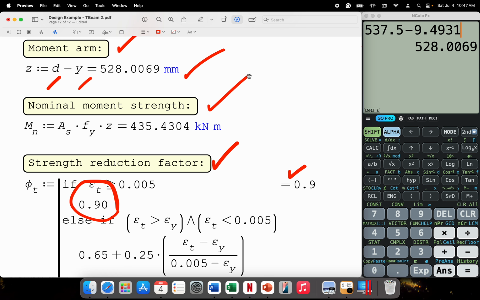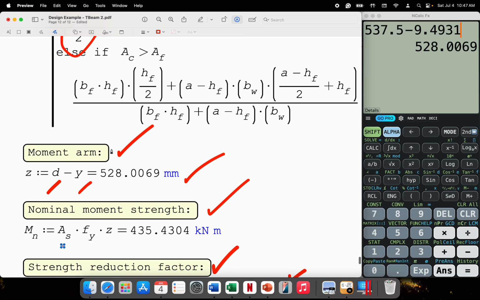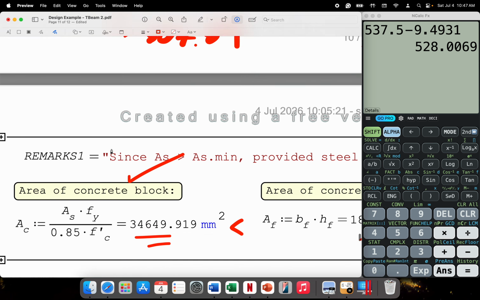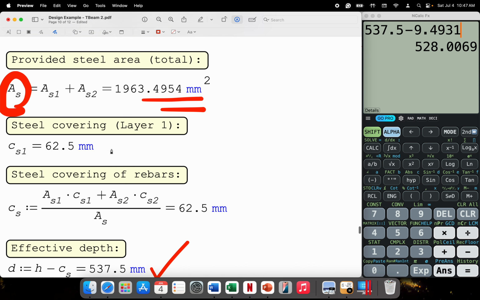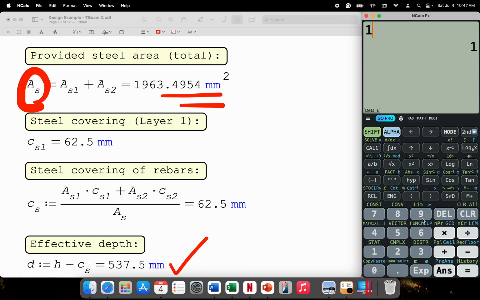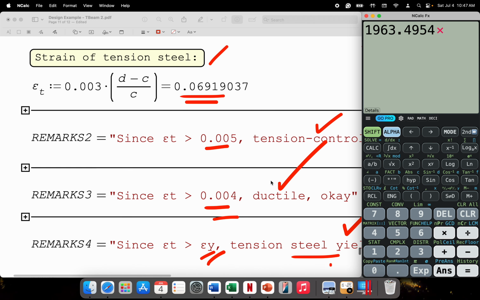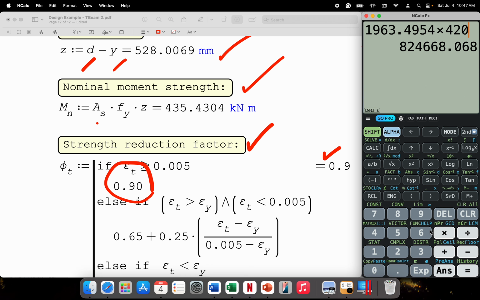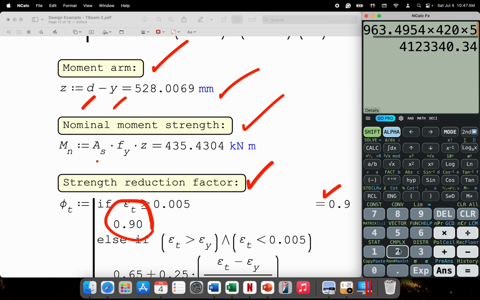Ito going to sum up our moment doon sa centroid ng ating compression block stress. So, yung A sub S natin, which is 1963.4954, times Fy na 420, times yung Z natin na 528.0069.